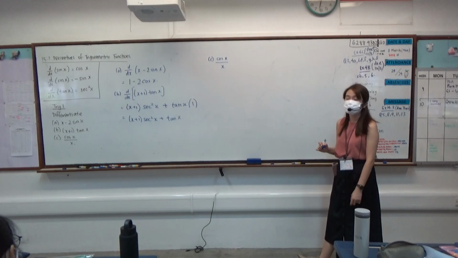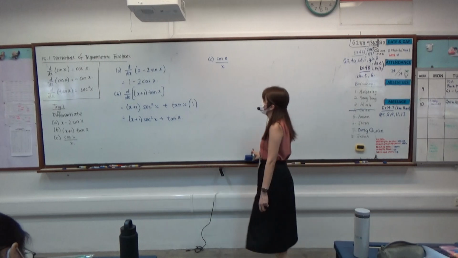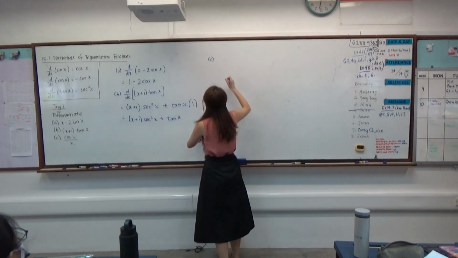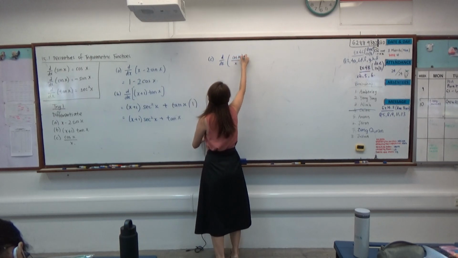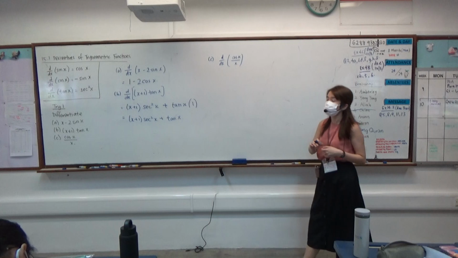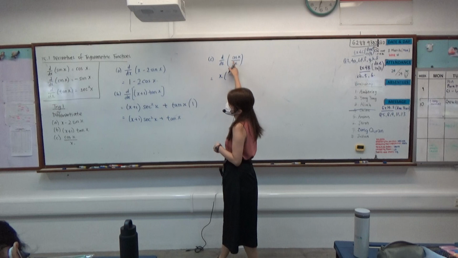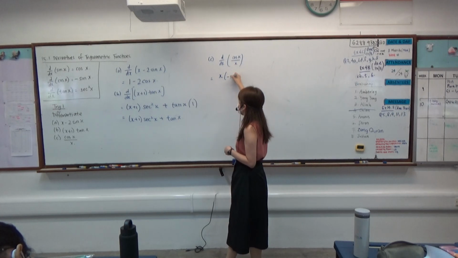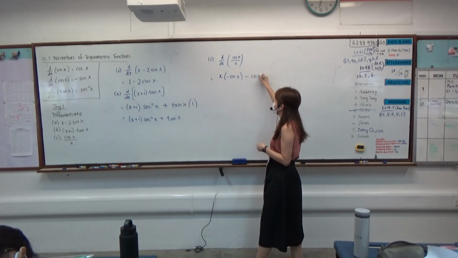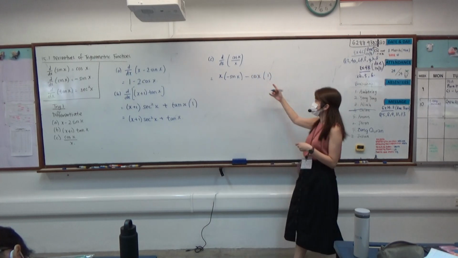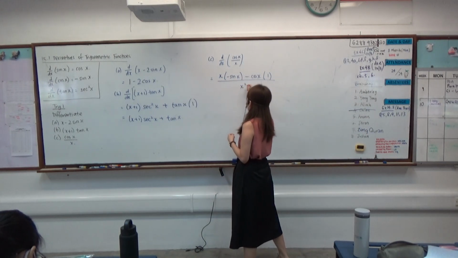And in part C, to differentiate our cosine x over x, we can also use our quotient rule. Keep the bottom, differentiate the top, which is the cosine x, that gives us negative sine x. Minus, keep the top, differentiate the x at the bottom, we get a 1, over x squared.